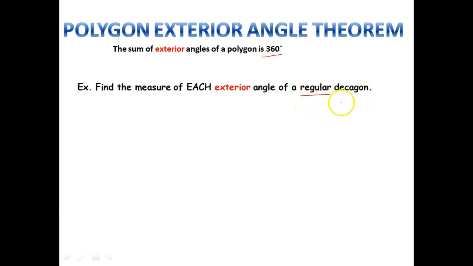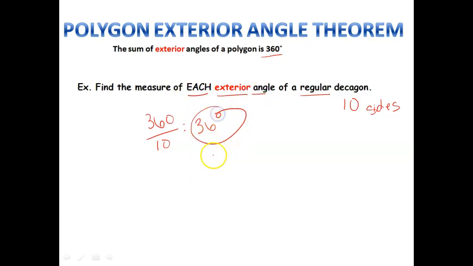And a decagon has 10 sides. So if it has 10 sides, you just divide. 360 divided by 10. So that means each exterior angle is 36 degrees. Each exterior angle is 36 degrees. It is that simple. Make sure you are writing these examples.